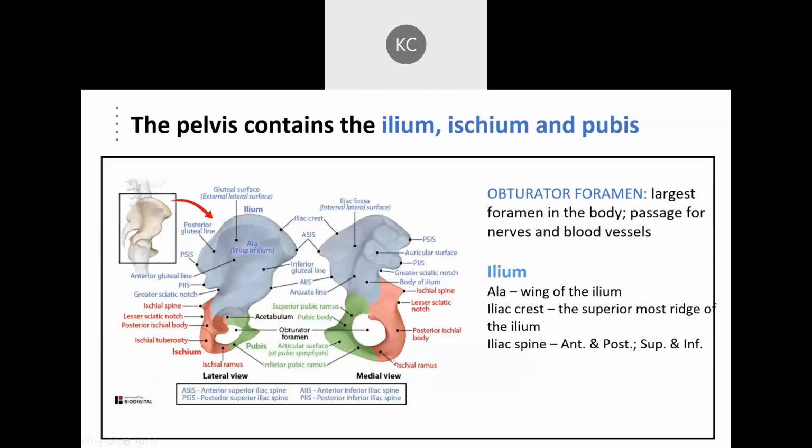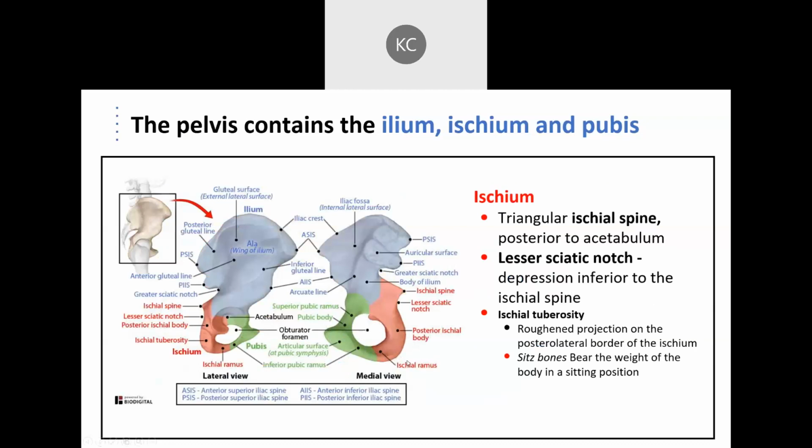Okay, and this obturator foramen allows muscles and it allows some blood vessels and some nerves to pass through as they're going from the pelvic region, maybe out into the perineal region, or maybe out into the proximal leg region. All right. So if we look next, we can see our ischium. So the ischium is, if you are sitting down and watching this, you are probably sitting on your ischium. All right. So the ischium is the second bone here.